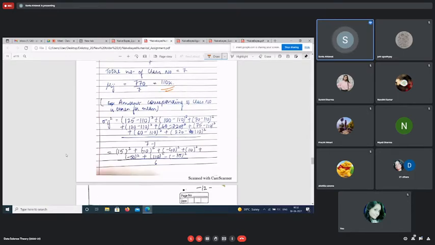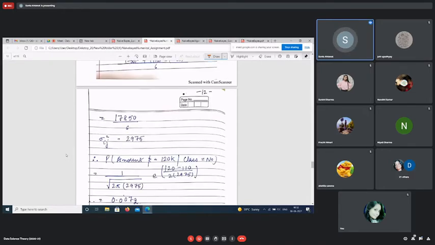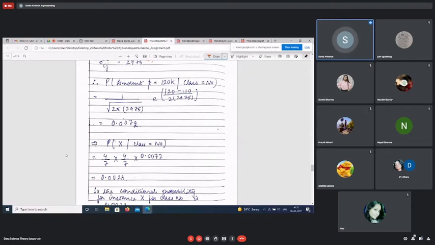After this, we have to calculate the variance. So what we did: first instance minus the mean, second instance minus the mean, third instance minus the mean. Calculate, get a final value of this. Substituting in the formula, we are getting a value of this. Now this probability is for no.